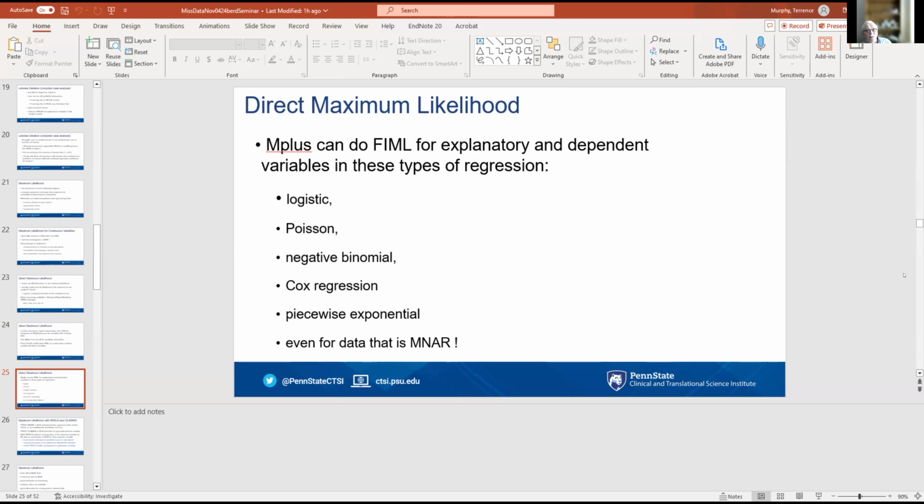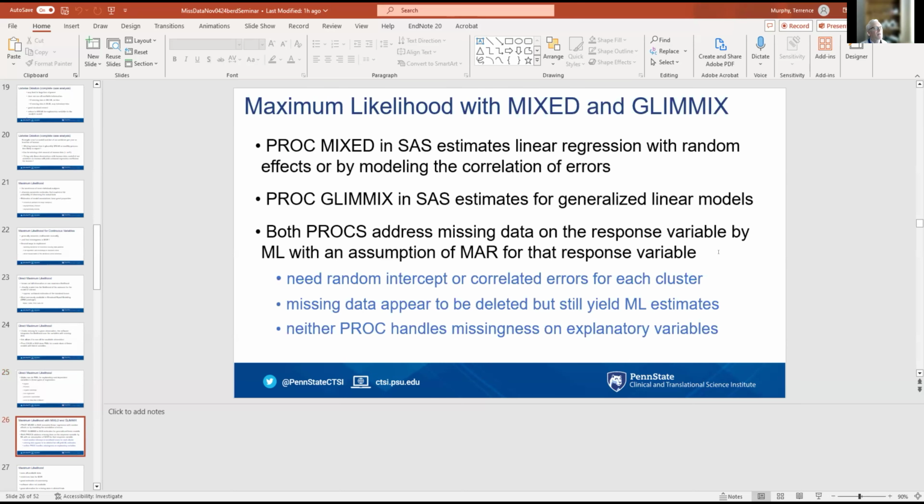This is really what makes M+ so attractive to people in structural equation modeling. The beauty of maximum likelihood is you don't have to create multiple data sets. The same time it's estimating your model, it's working under the scenes to deal with the missingness in a very mathematically appropriate way.